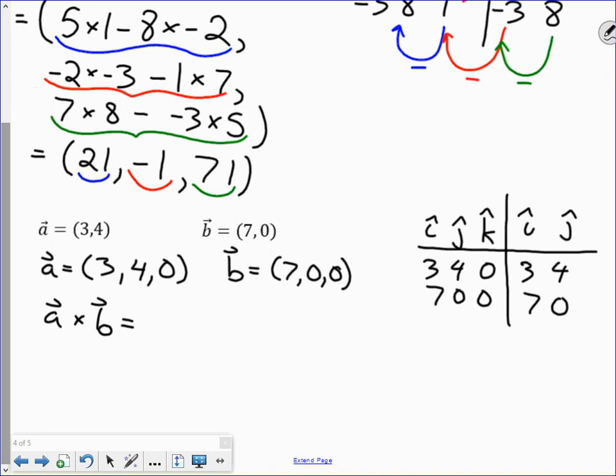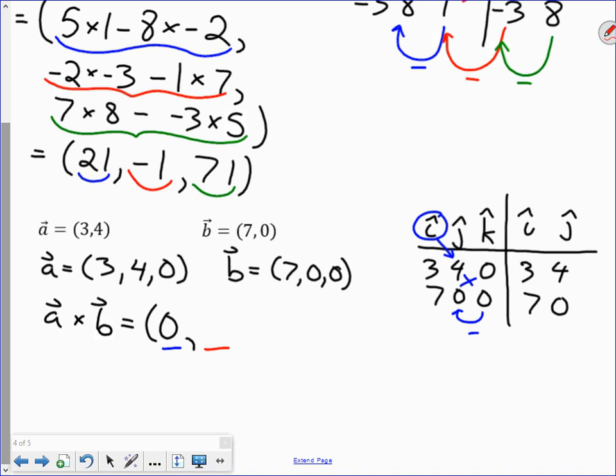We want to do A cross B. So, again, my x component is going to be 4 times 0 minus 0 times 0, which just gives us 0. That was our x component.